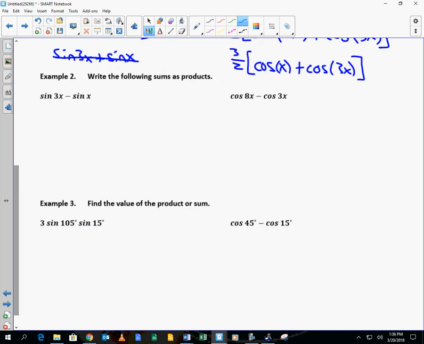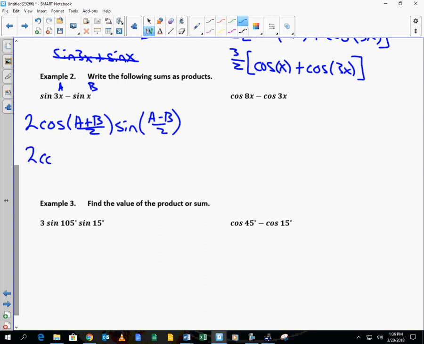All right, here we go. Let's switch it. Let's take the following sums and write them as products. Do you see a minus sign somewhere? Can you tell me what I get? Did I write that correctly? Okay, what is A in this problem? 3x. B is x.